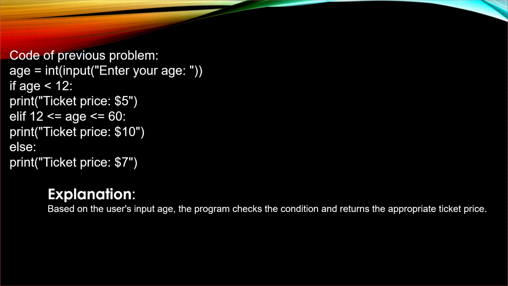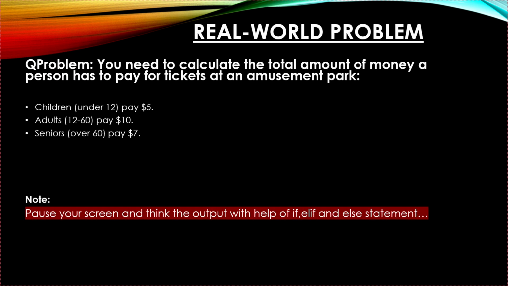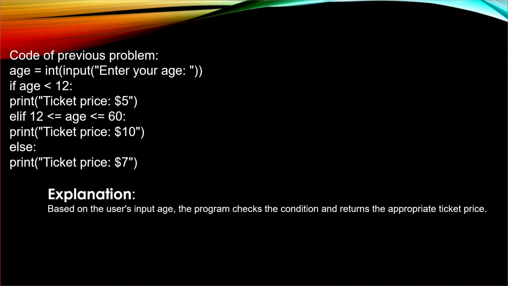If the age is greater than or equal to 12 and smaller than or equal to 60, print ticket price is $10 for the adults, and for the senior citizens we will use else. This is a simple program; you can see that based on the user's input we can check the condition and give the appropriate value. Let's perform this also.